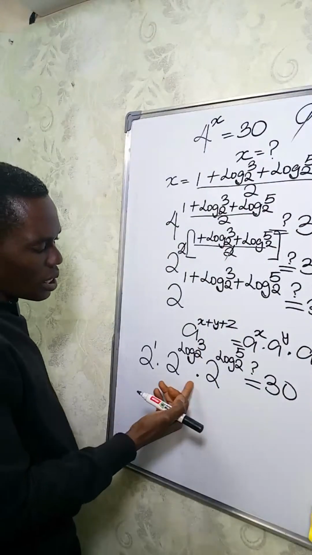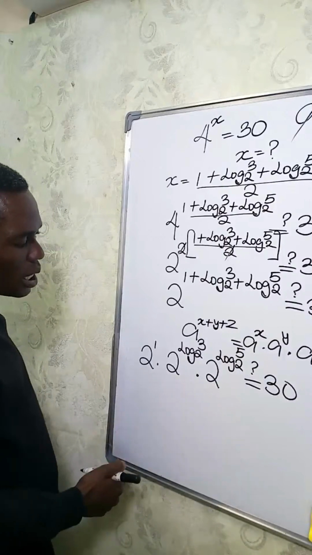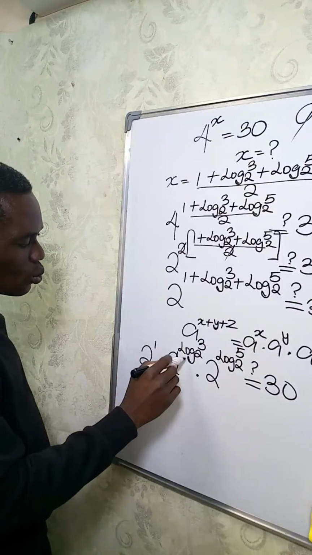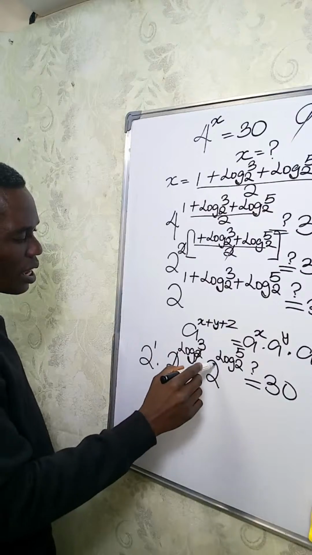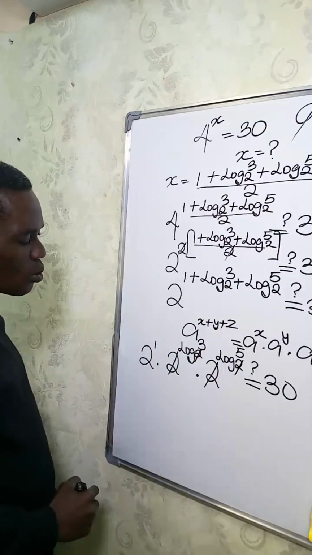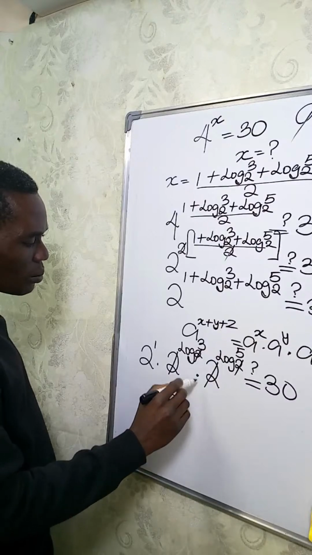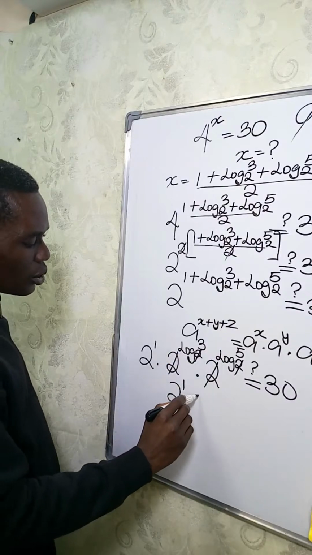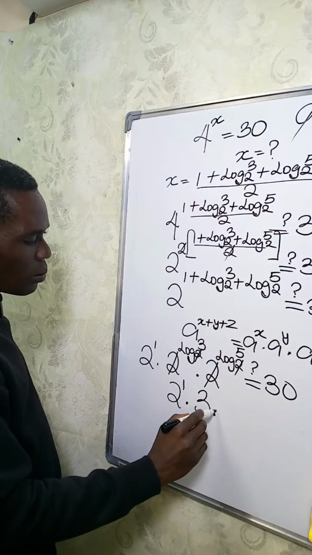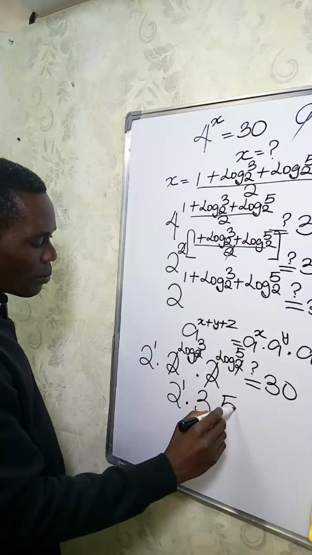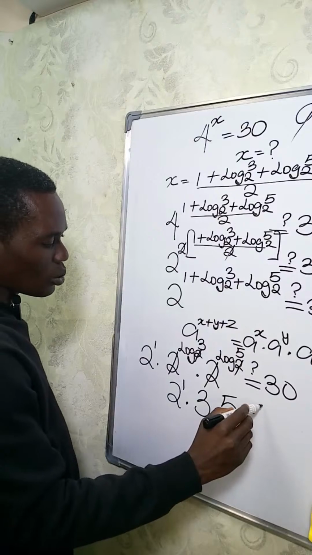Now if we compare that with this, you find out that 2 will cancel out 2 over here, 2 will cancel out 2 over here, and then I have 2 to the power of 1 multiplying 3 multiplying 5, and this will be equal to 30.